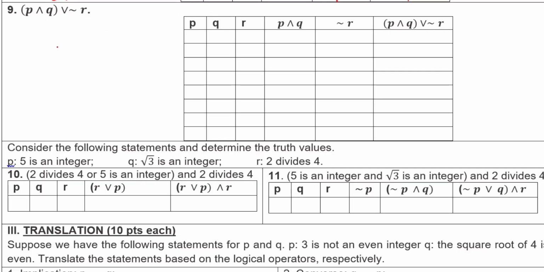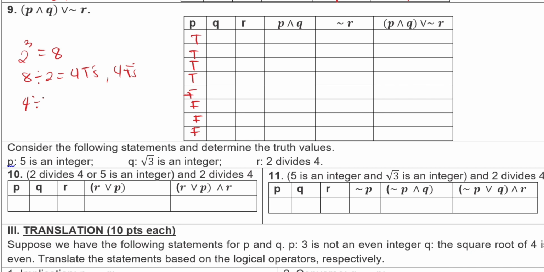Number 9, the same process. We will count those letters 1, 2, 3. So we have 2 to the power of 3, which is 8. Therefore, 8 divided by 2, we have 4 truths and 4 false as the pattern. So true, false.